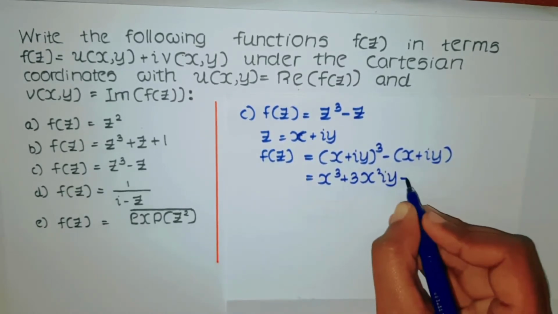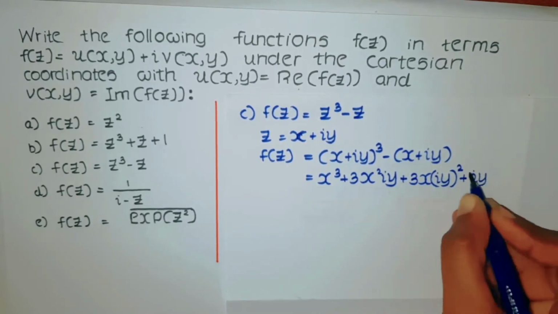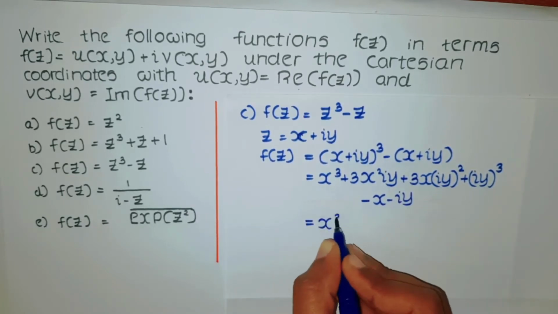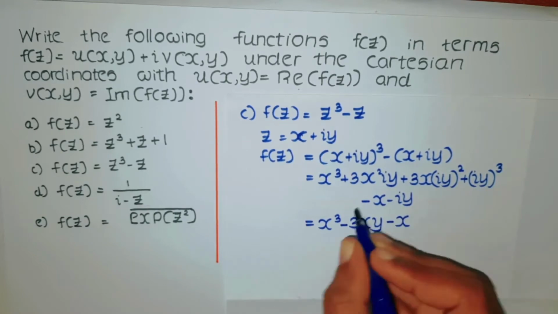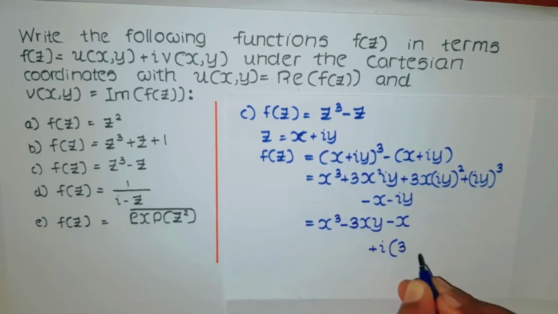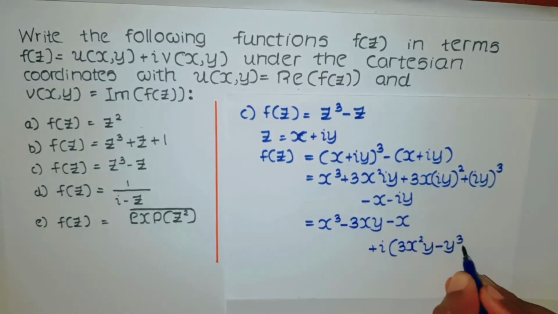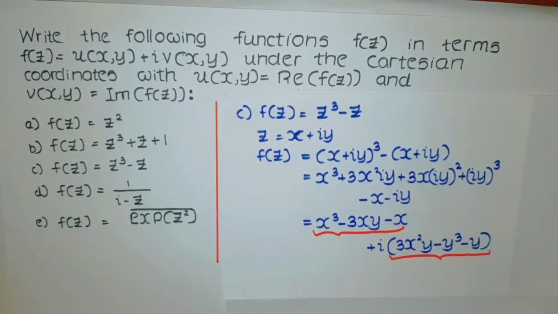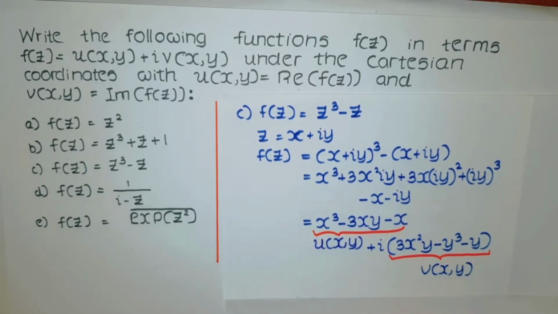Now you can easily determine what u and v are for any function f(z). By substituting x plus iy instead of z in the function f(z), you can get the final answer. Then this is the u(x,y) and this is v(x,y).